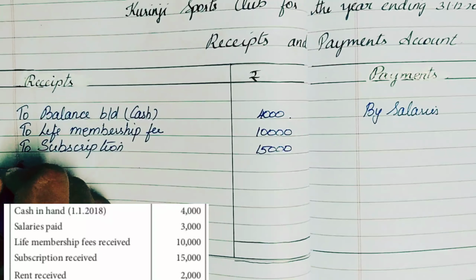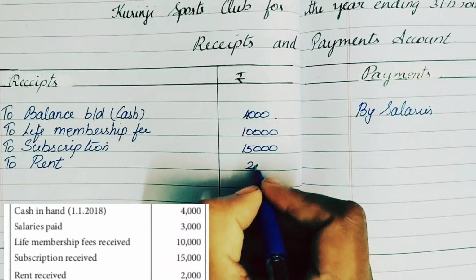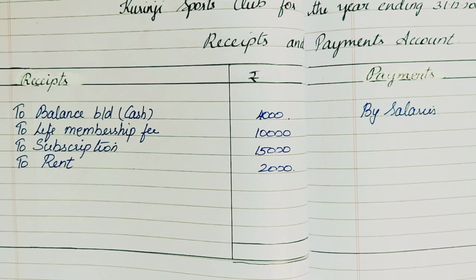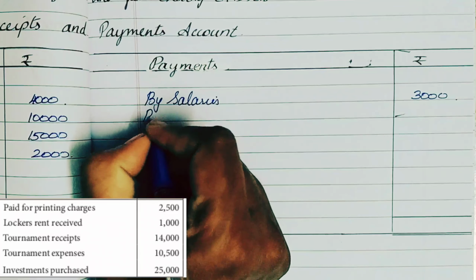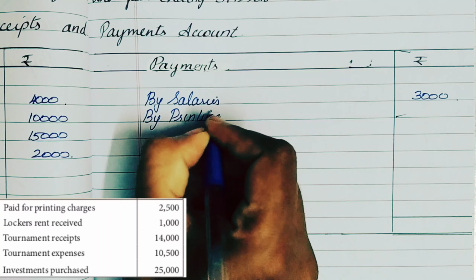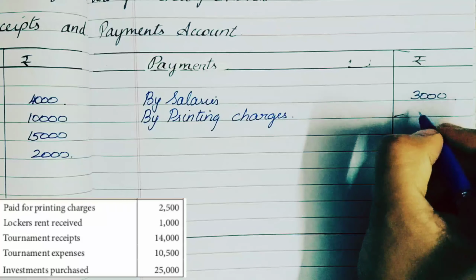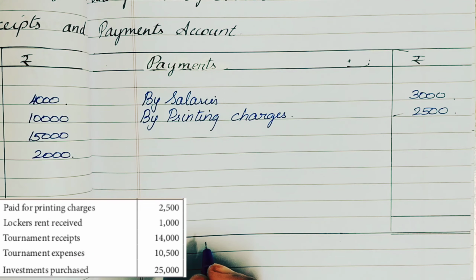Next we have rent received, again on the receipt side, to rent received, that is 2,000. Next, on the right hand side column, we have paid for printing charges. Paid in the sense it's a payment, so go to the payment side, by printing charges, 2,500. Next, locker rent received.